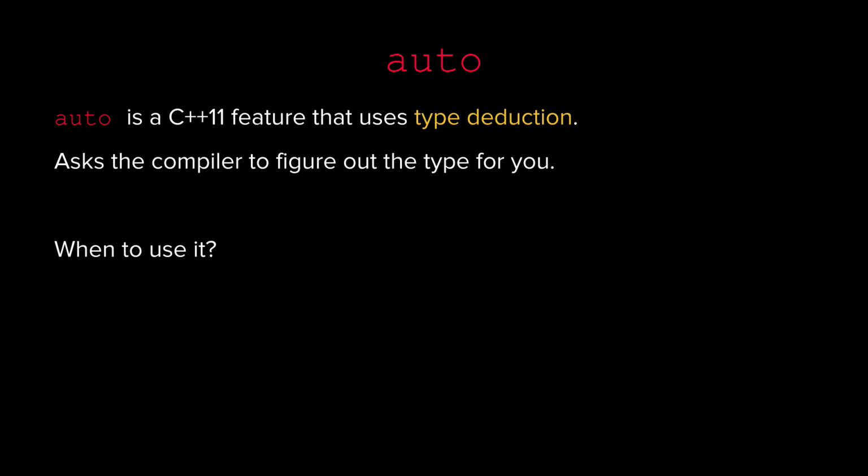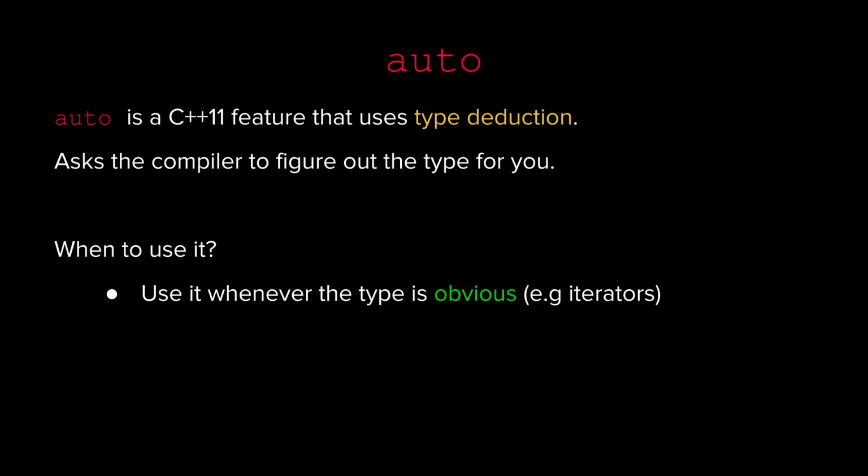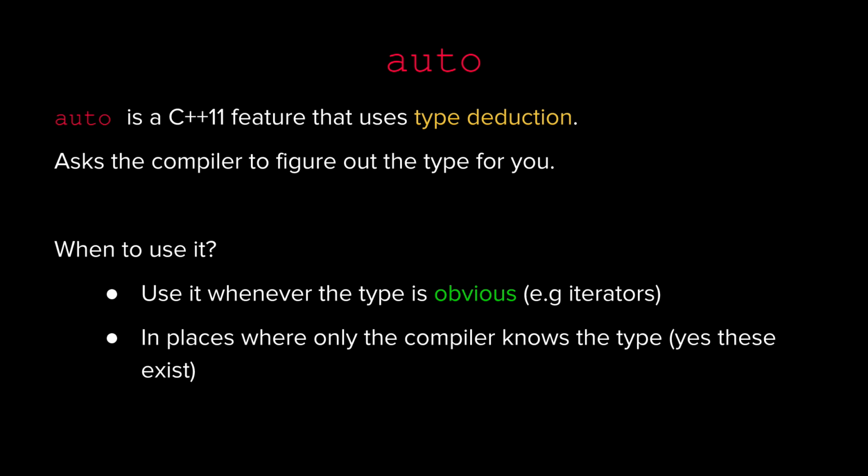But you shouldn't abuse this, but you should use it as much as possible in real life, not in your final. The idea is whenever the type of something is really obvious, you should use auto. And there are also some places in C++ that's kind of advanced, but you don't know the type at compile time.